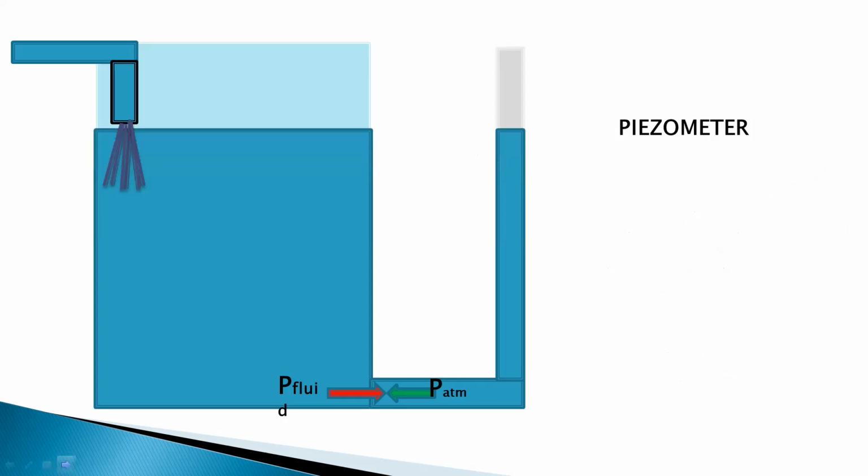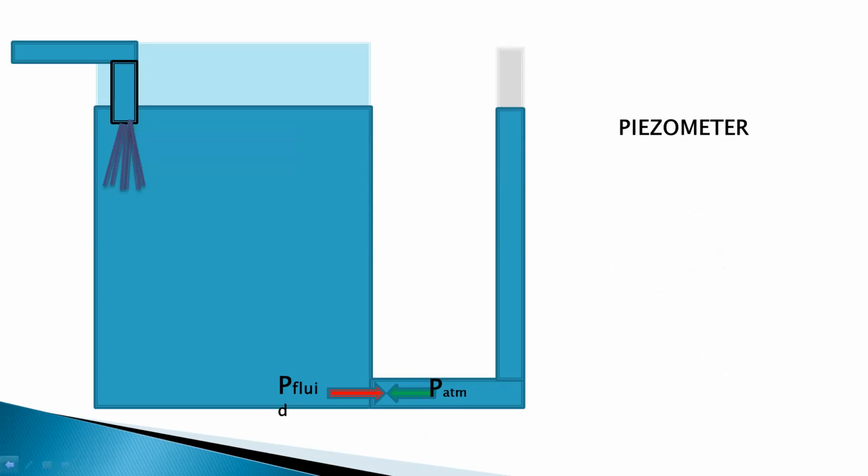You can observe the rise in the liquid in the tank and in the piezometer tube. So piezometers are used to measure the pressure at a particular point, and they can also give the height of the liquid in the tank. So this is about the piezometer.